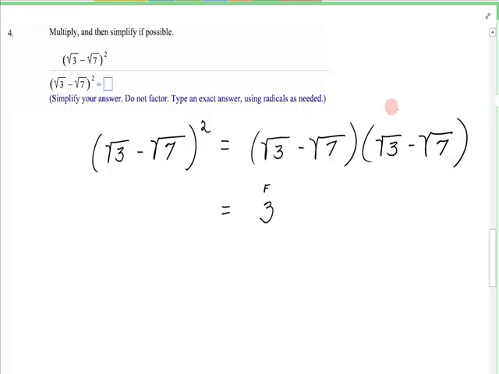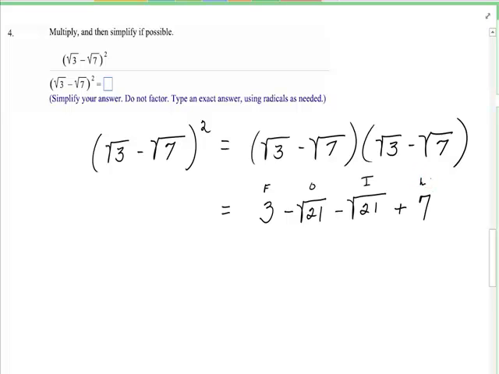The outer product is negative square root of 21. The inner product is also the negative square root of 21. The product of the last, negative times negative is positive. The square root of 7 times the square root of 7 is the square root of 49, which is 7.